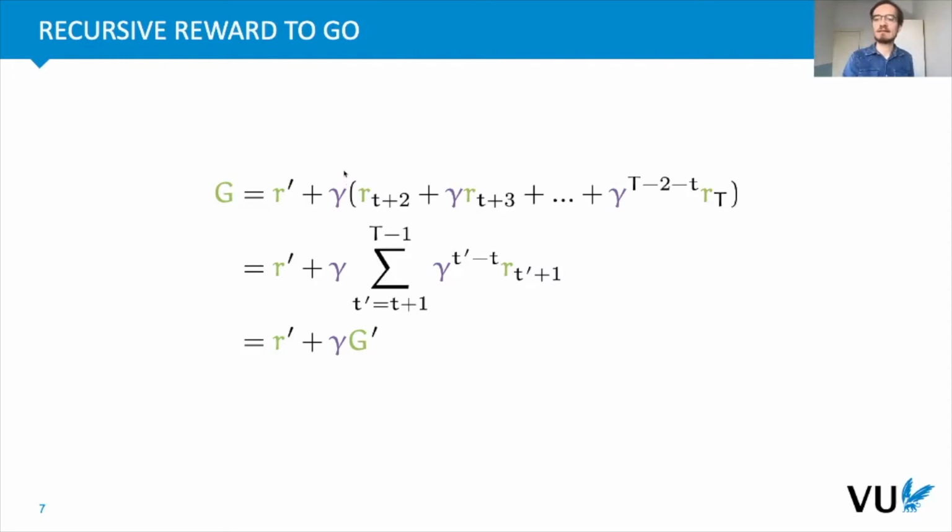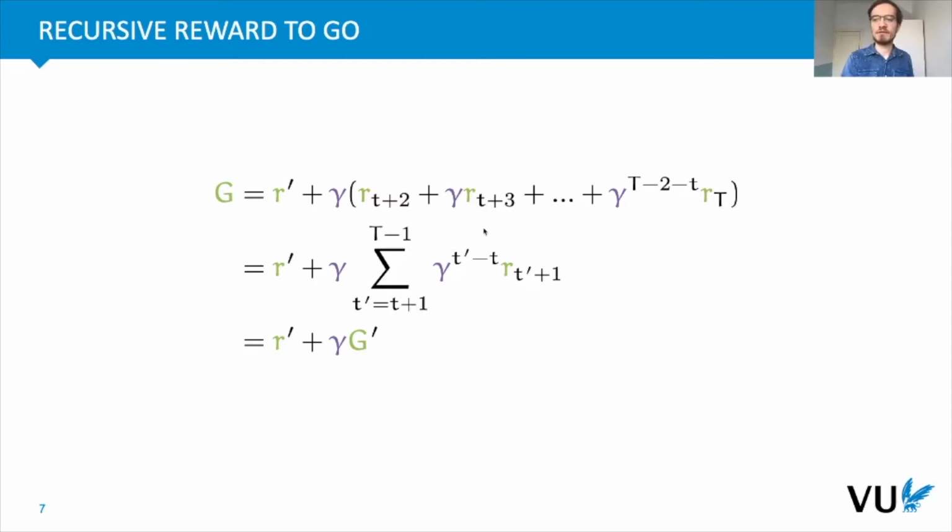We can basically extract a single discount factor, gamma, from this whole equation. And now, if we look at this equation, we see that this is still a sum. This is a sum over time steps t prime, but now starting one time step later at t plus 1 instead of t.